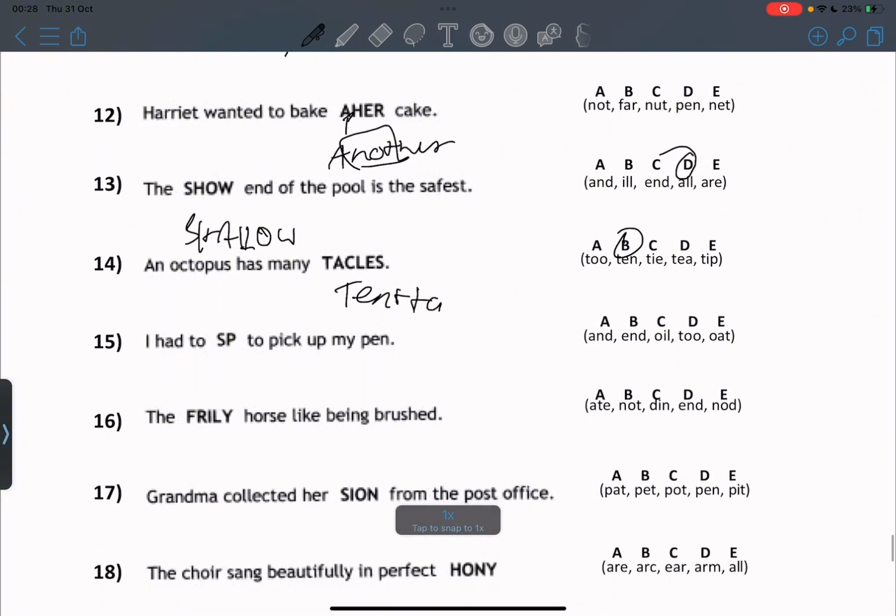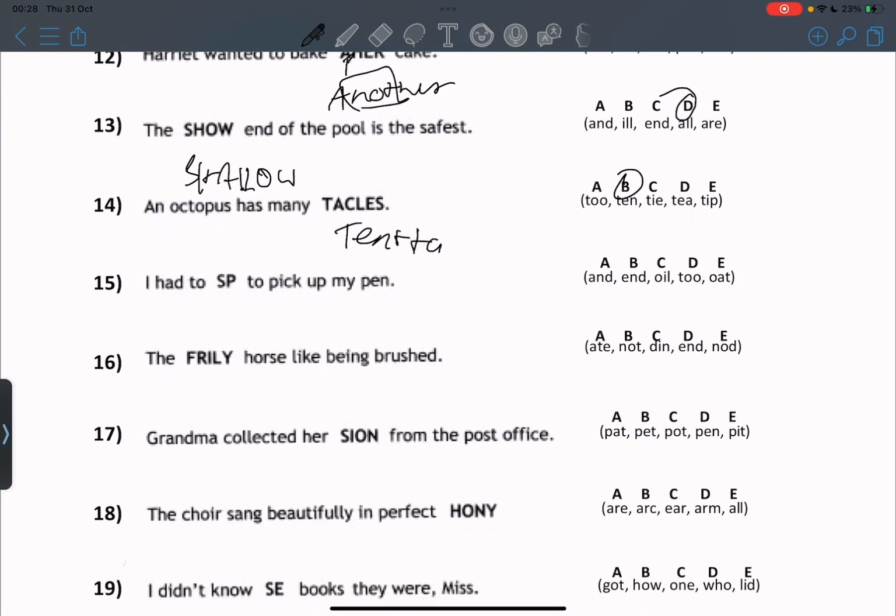For question 15, if we put stoop, I had to stoop to pick up my pen.